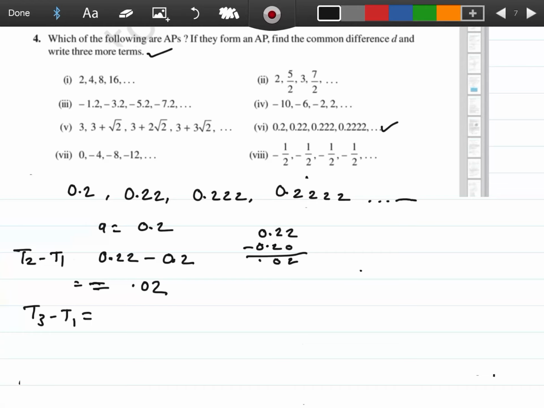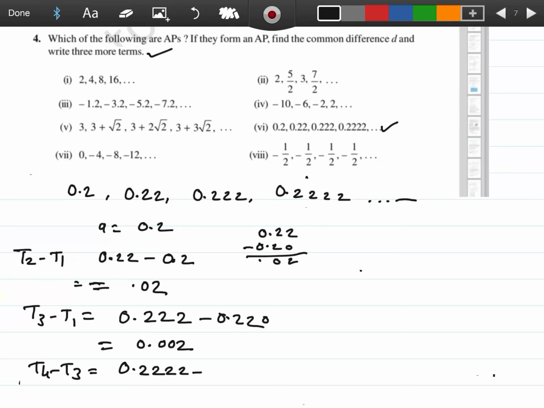T3 minus T2 is equal to 0.222 minus 0.22, so your answer will be 0.002. T4 minus T3, that is 0.2222 minus 0.222, so the answer will be 0.0002. So there you can see the difference between each consecutive term is not remaining the same.